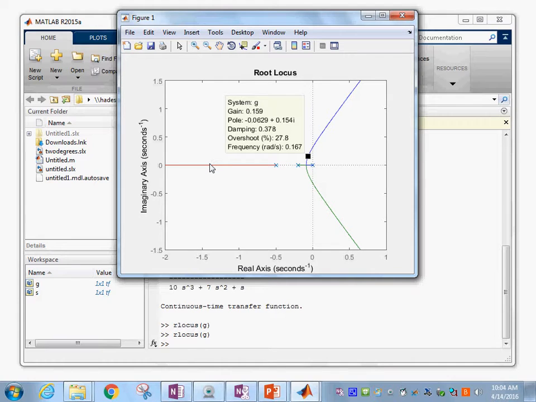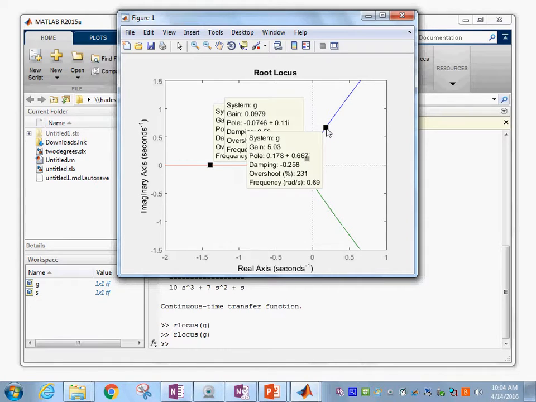See, any place on the root locus that you click, it will tell you that. See, gain 14. Here is gain 0.07, and it will tell you even where the unstable region is.